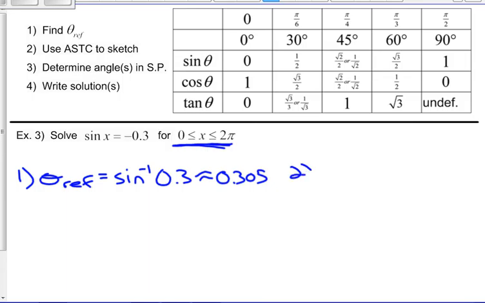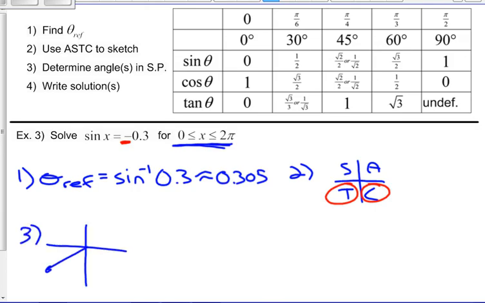Okay, step 2, ASTC. And here we've got a negative sign. So sine is negative here and here. Quadrants 3 and 4. Let's sketch 0.305.